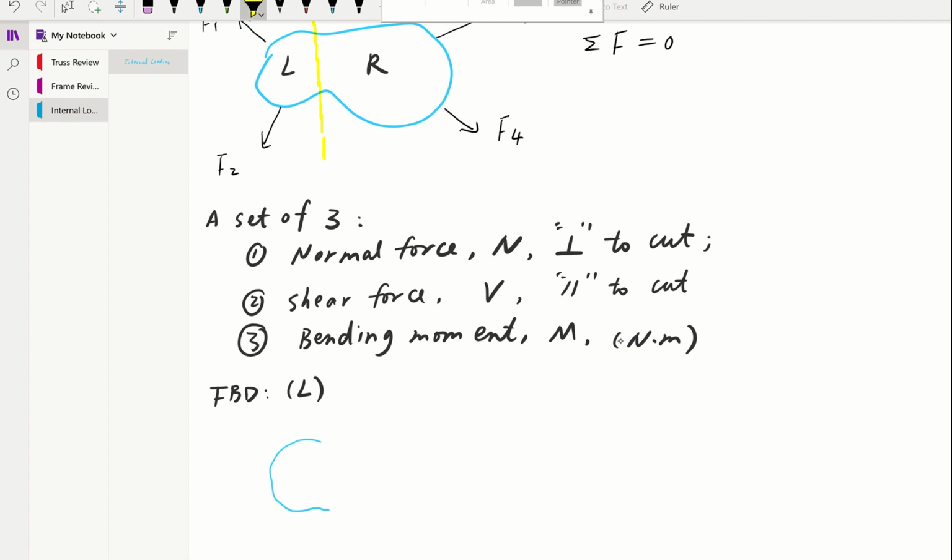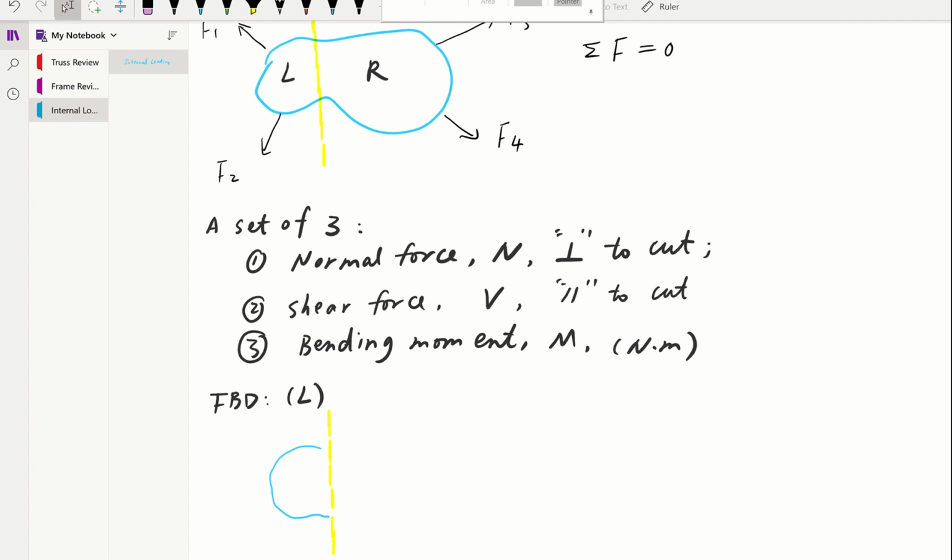Then we have this yellow line, that's where we cut. Now we are going to draw all the forces acting on this left section. Do we still have F1, F2? Yes, we do. So we have F1 and F2.